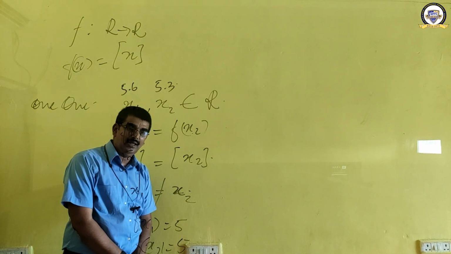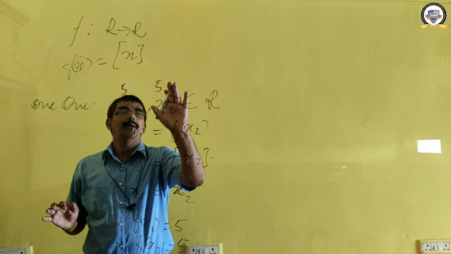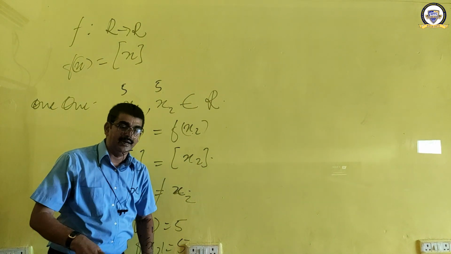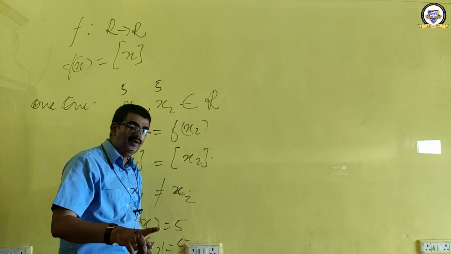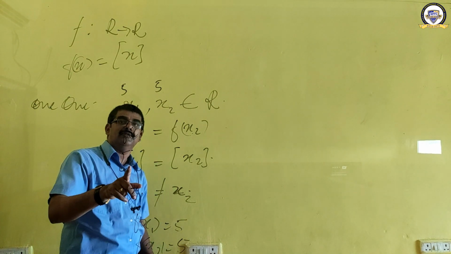Are you clear? If I take 5.0, 5.5 and 5, at that time also f of x1 and f of x2 are 5 and 5 with the definition of this greatest integer function.